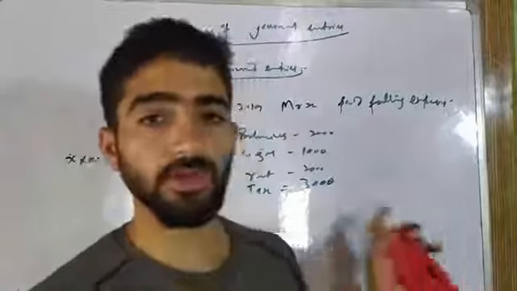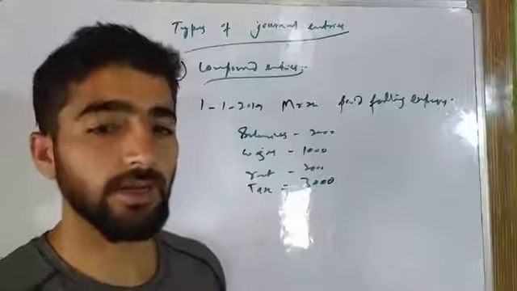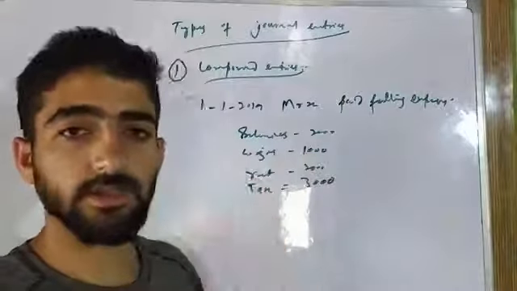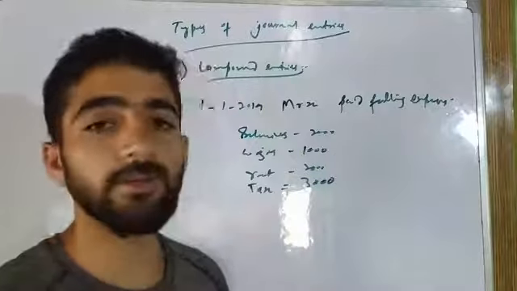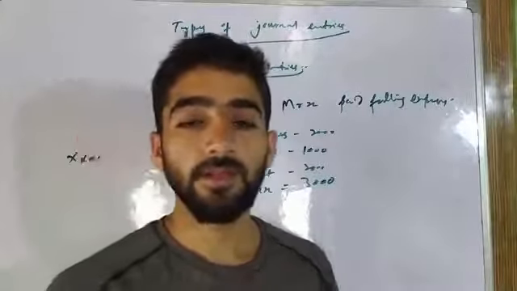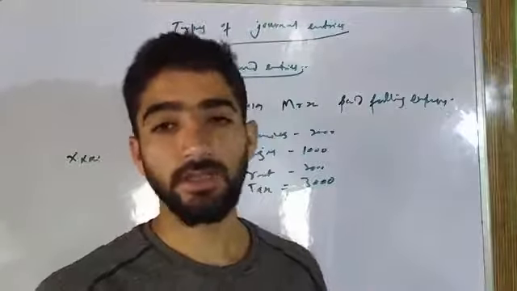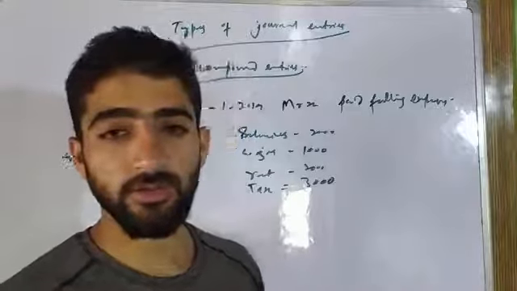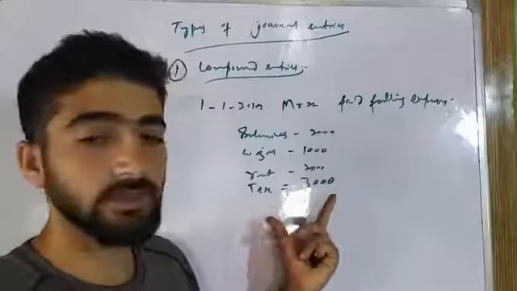If you analyze these transactions, you will find out that all these transactions are of similar nature. Similar nature means, if we analyze these transactions in the light of the 2 approaches, traditional or modern approach, you will find the nature of these things same.